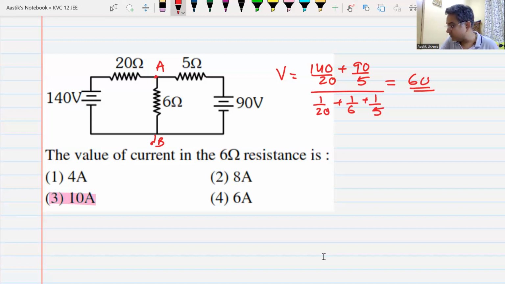Again, this is a question from your JEE Main. Just give me a couple of seconds. This thing sometimes gets heated up and gives all sorts of trouble. Anyways, it is still there.